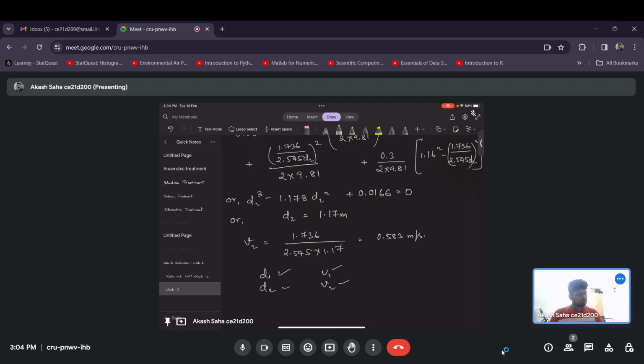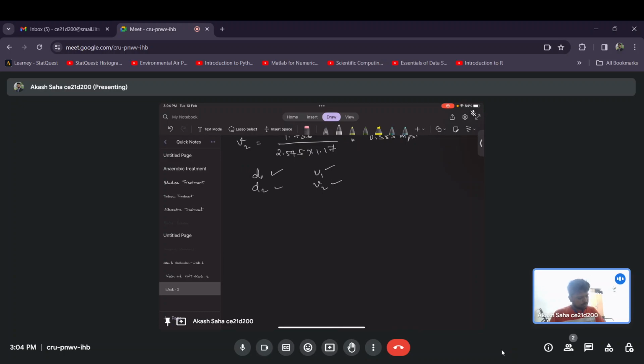At last we will now find out the head loss. To find the head loss, we need the velocity through the screens, that is, the velocity through the clear openings of the bar rack.